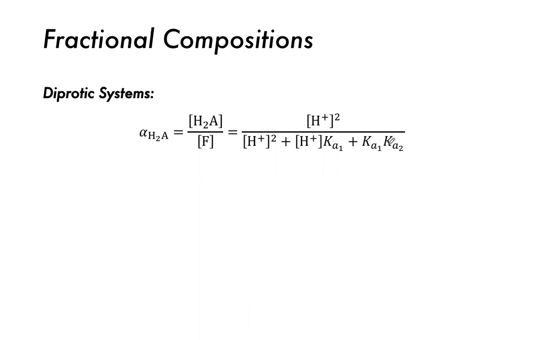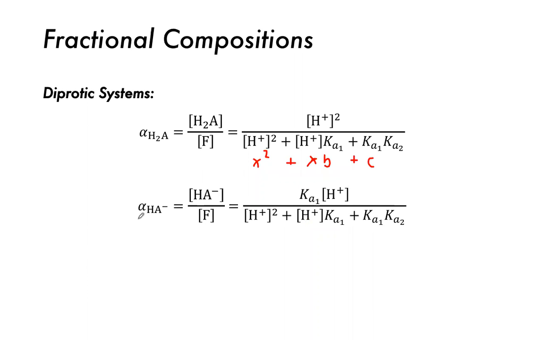Hopefully you can see this is actually just a quadratic equation. We have x squared plus, well, in this case, x b, where x is the H plus concentration, plus c. Even though they're multiplied together, they're basically just in the form of a quadratic equation.